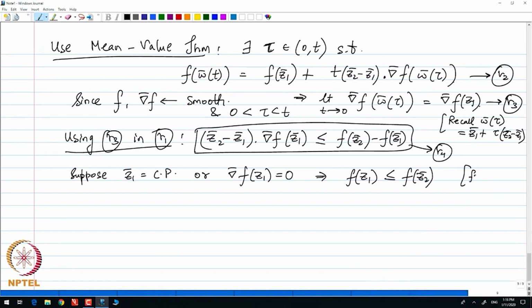This is from my condition R4, and otherwise the point z1 is the local minimum. It is always going to be the minimum compared with the function values at other points in its neighborhood. Okay. So, which means that any extremal for a convex function will be a local minimum.